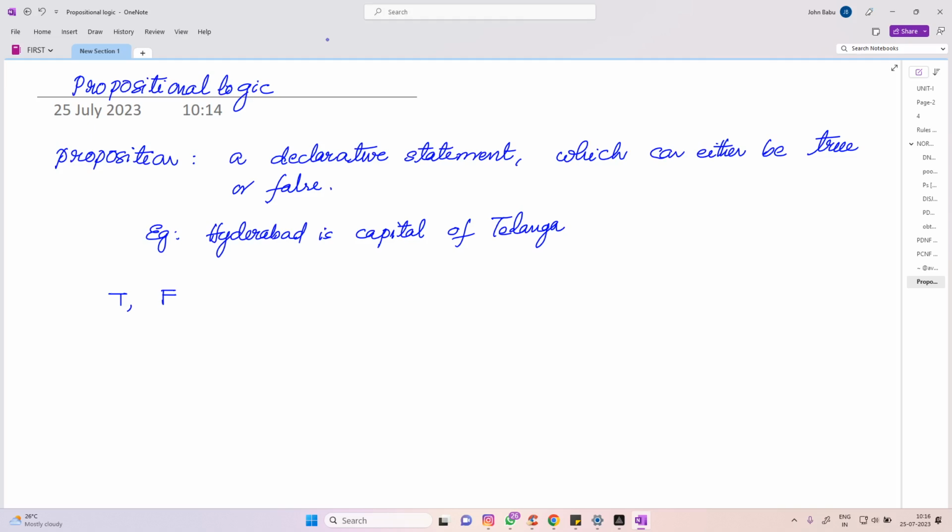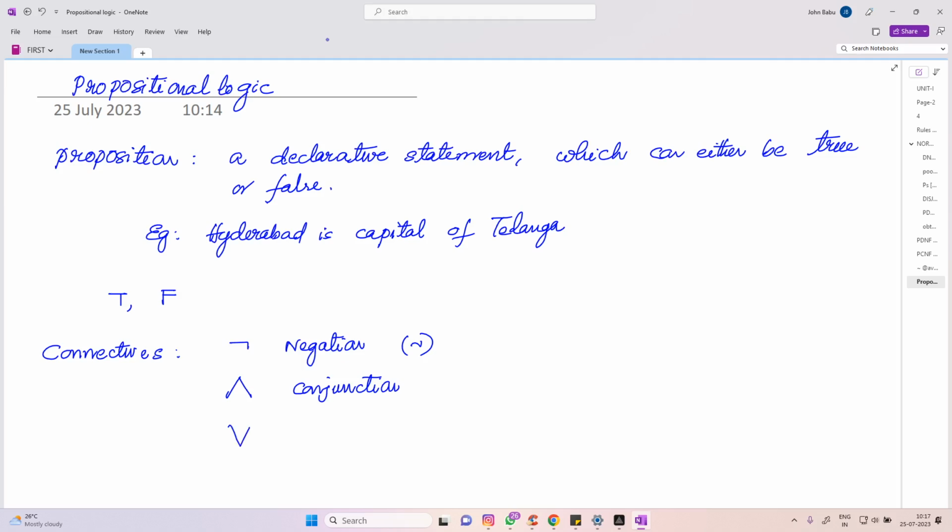Then propositional logic also consists of connectives. Among them, negation, which is "not", which is also indicated by this symbol, the tilde symbol. Then conjunction, which we call the "and" symbol.